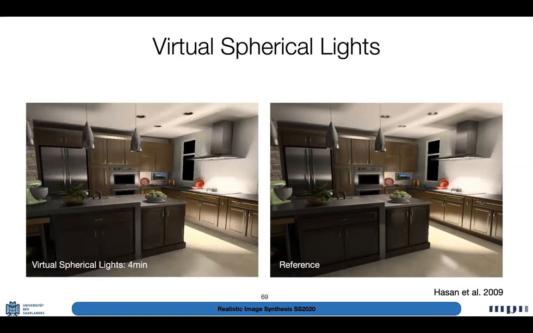Hasan and colleagues are the ones who proposed this idea of using virtual spherical lights. So instead of using point lights, they proposed to use spherical lights, and you can see the change which you would expect there. The illumination has been well captured. There appears to be no loss of illumination, and you don't see any of the artifacts.